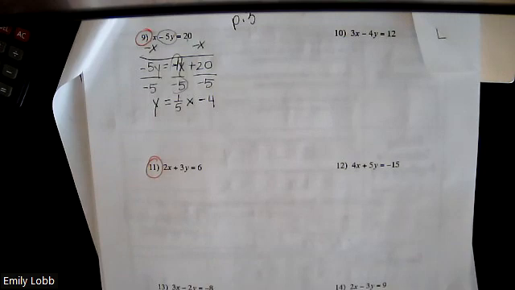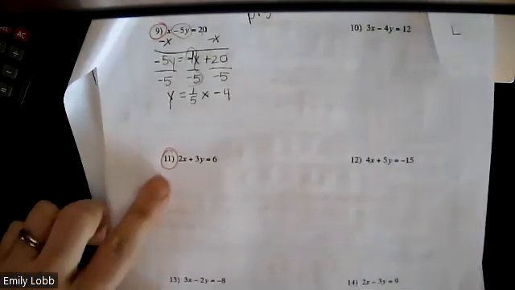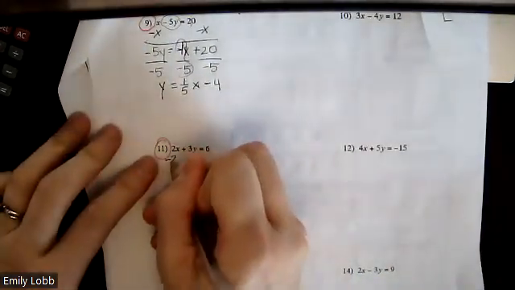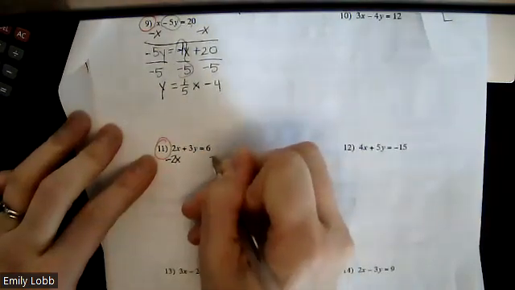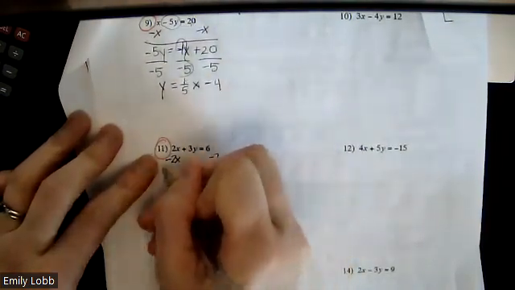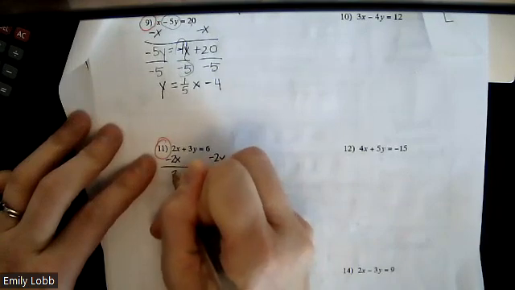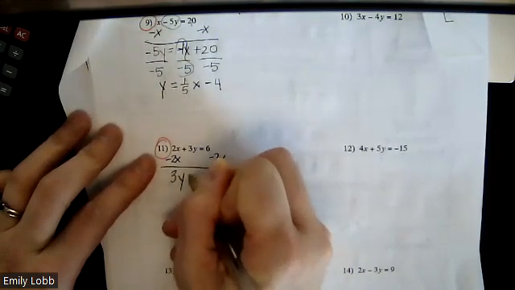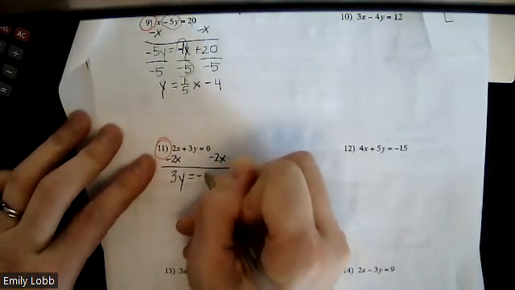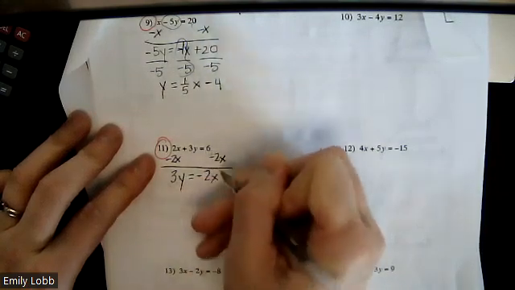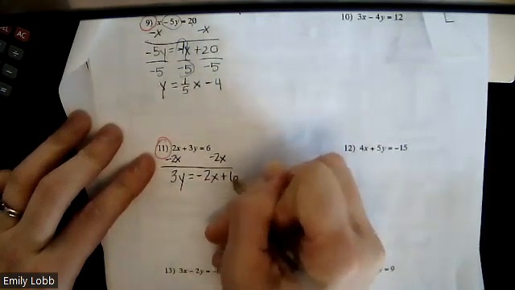All right, so the first couple are a little bit different than 3 and 4. That's why I liked number 11 for that, because if I'm subtracting the x term from both sides, I now have 3y is equal to, bring down your x term, minus 2x, bring down your constant. And then I'm still dividing everything by the coefficient of y.